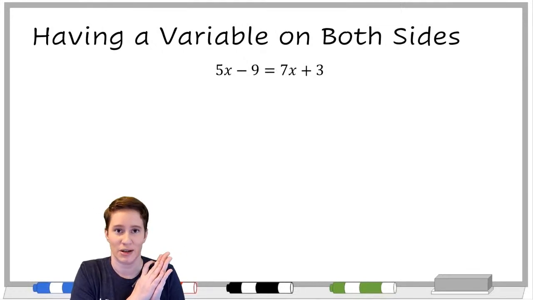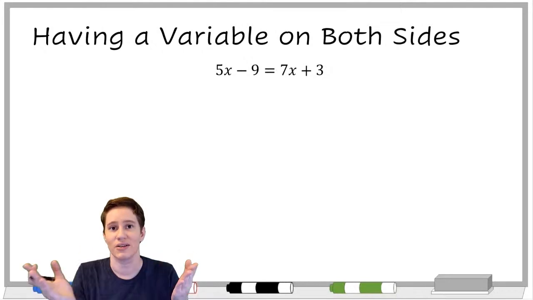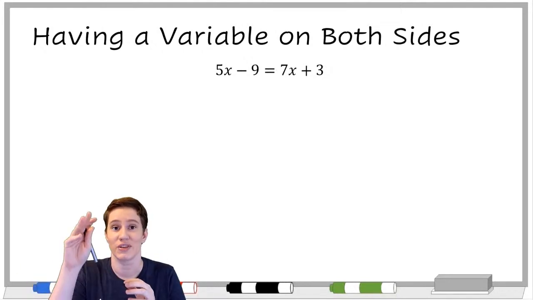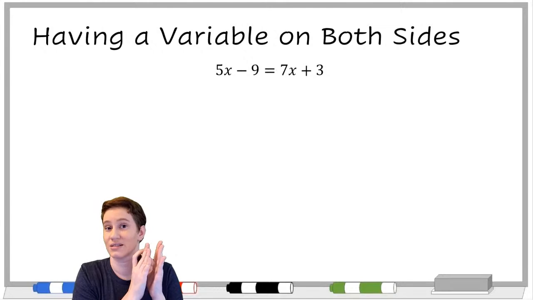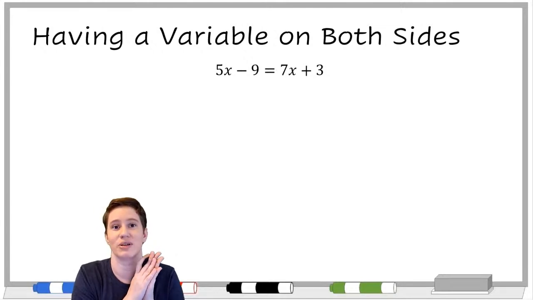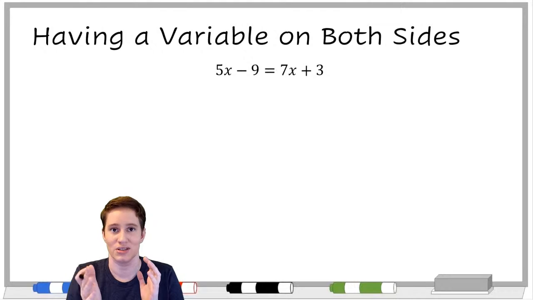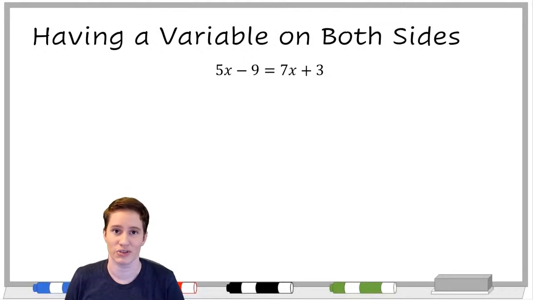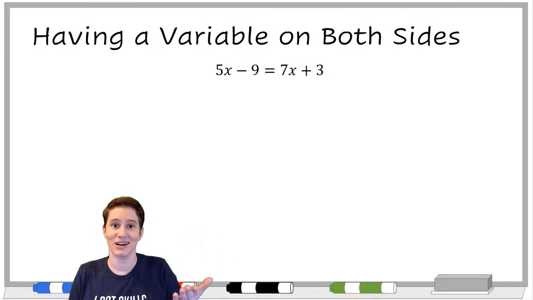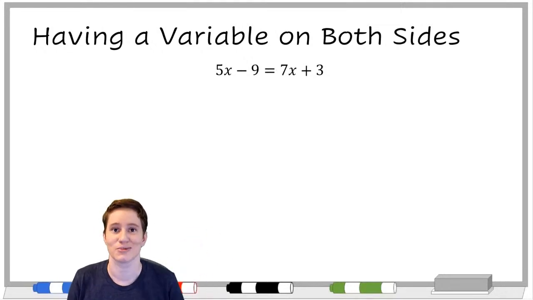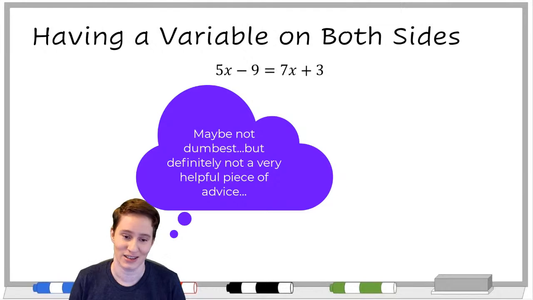But it doesn't actually matter which one you choose, because the other option you have is just to always move the x over to the left side, and there's actually some value in doing that, because it can be helpful whenever you're dealing with inequalities later on instead of equations. But it's really up to you how you want to do it. You just have to keep track of your numbers and you'll be fine. As long as you're doing it right, you can do it however you want to, which is probably one of the dumbest things I've ever actually said, so I apologize for that.